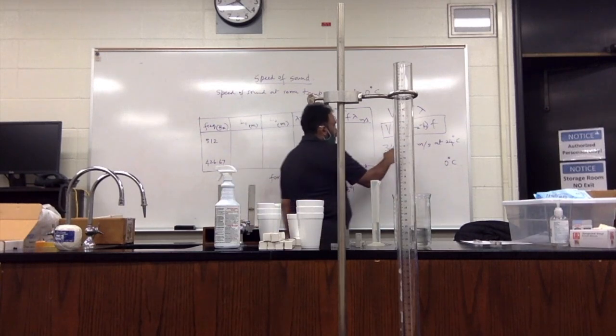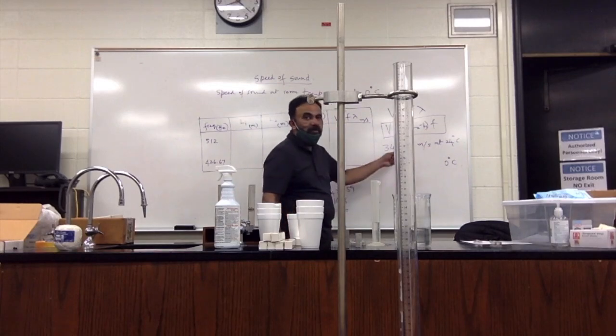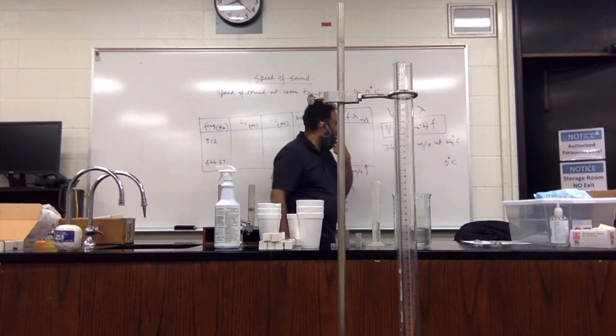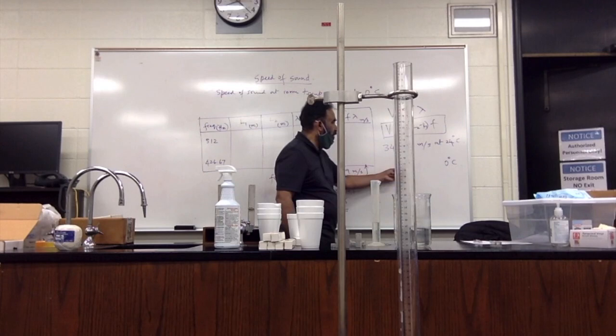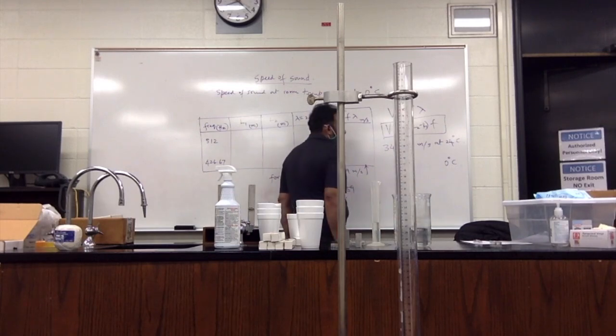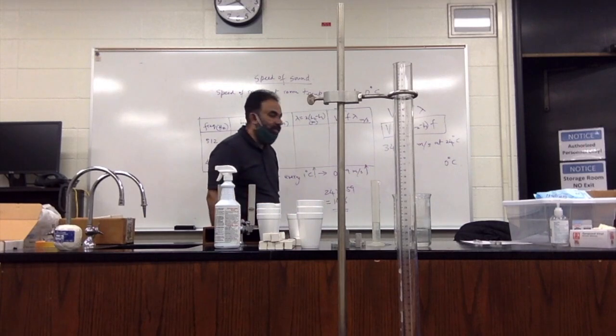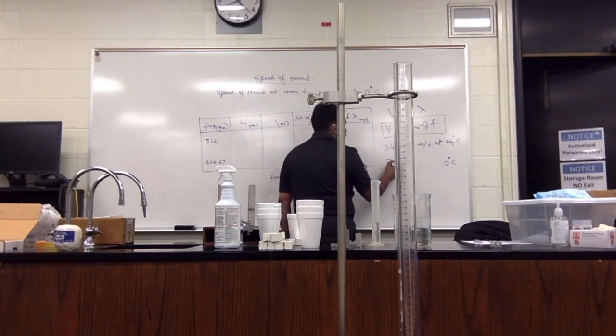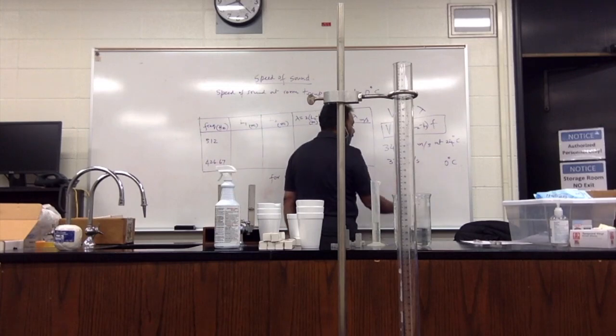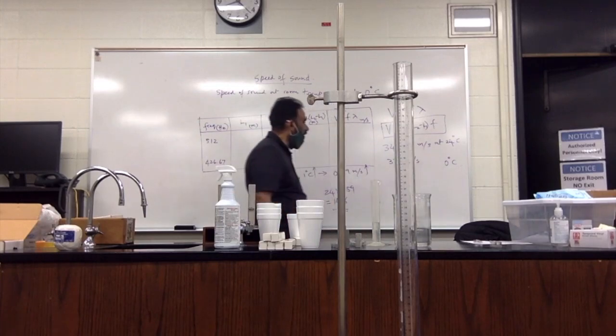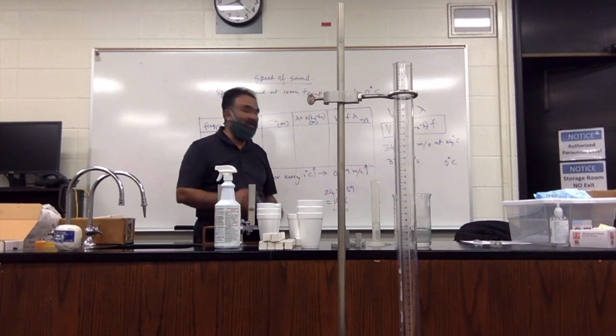That much is this going to go down further. So subtract 14.16 from here, and you get 326.15. So approximately 326 meters per second is the speed of sound at 0 degrees Celsius.